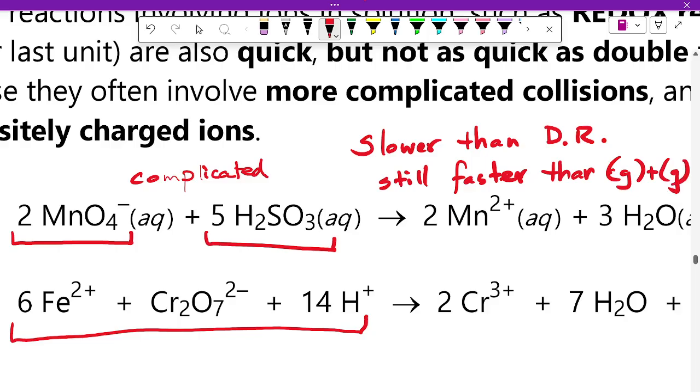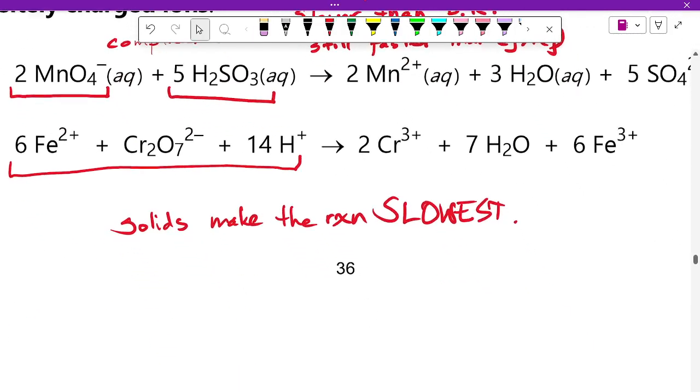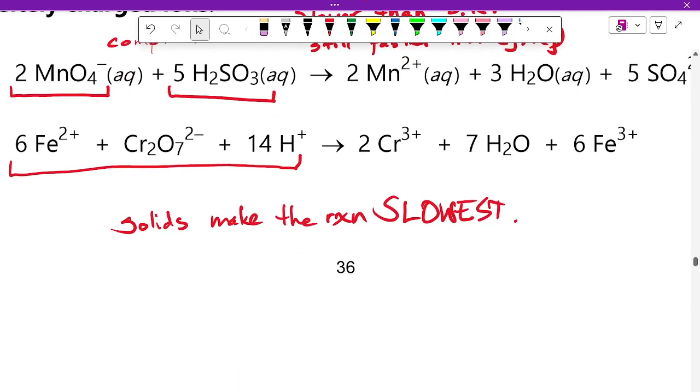Can you guess what state of matter in the reactants would make the reaction the very, very slowest? A solid. Solids make the reaction the slowest. Okay, so anytime you see a solid, you're like, ah, that's the slowest right there.